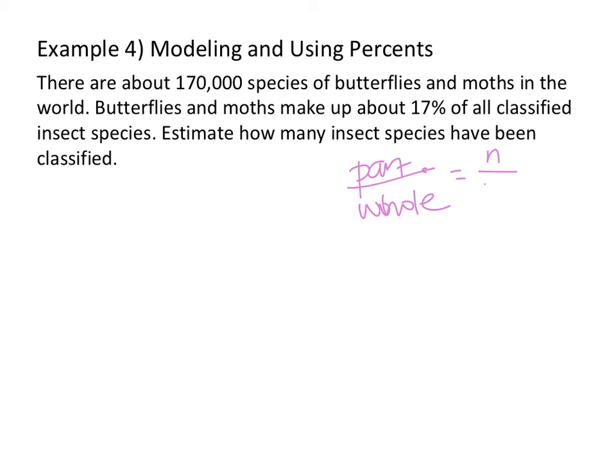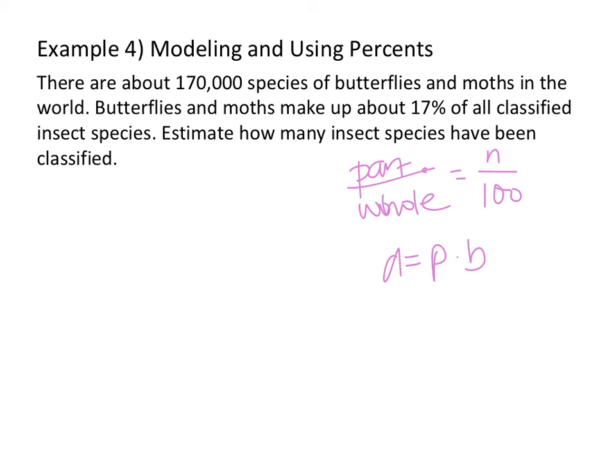So we can use what we started with before, where part over whole equals our percent over 100, so n over 100. Or we can use what we've been doing, which was A is equal to P times B. So we'll just have to identify which is my percent, which is my number that's being compared to our base. So my base is going to be how many altogether. This is unknown because we want to estimate how many insect species there are altogether.